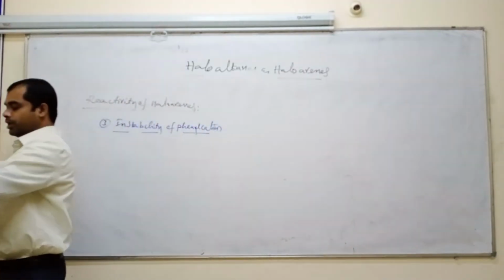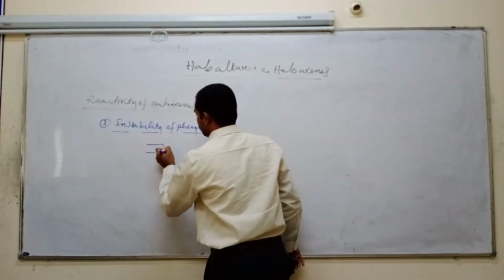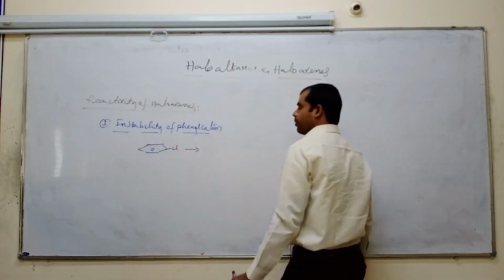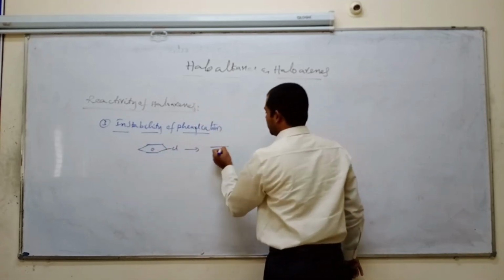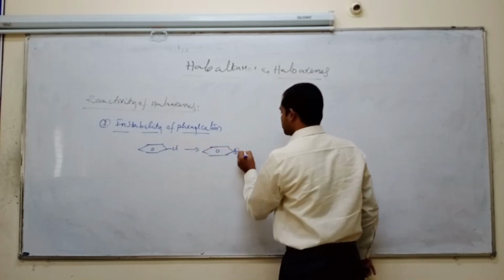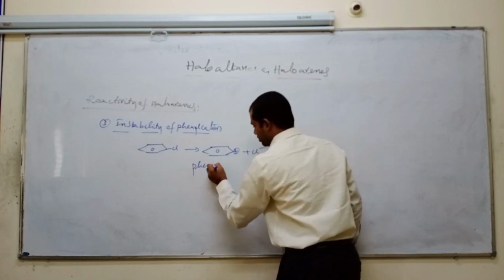Instability of phenyl cation. Let us see, for example, chlorobenzene, a haloarene. This chlorobenzene ionizes to form the phenyl cation plus halogen. This phenyl cation is not stabilized.